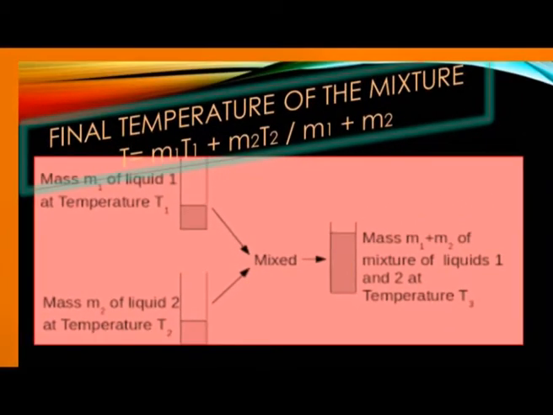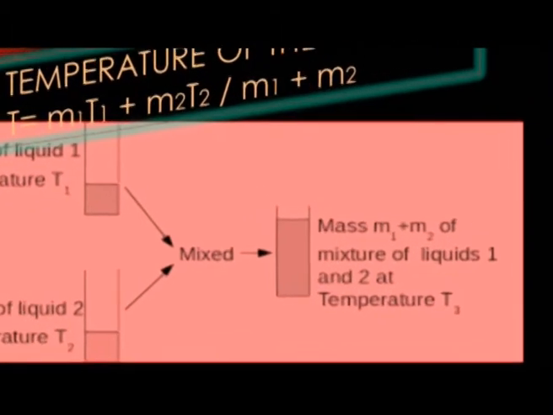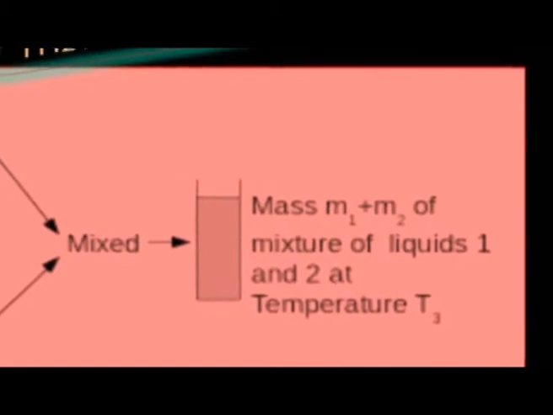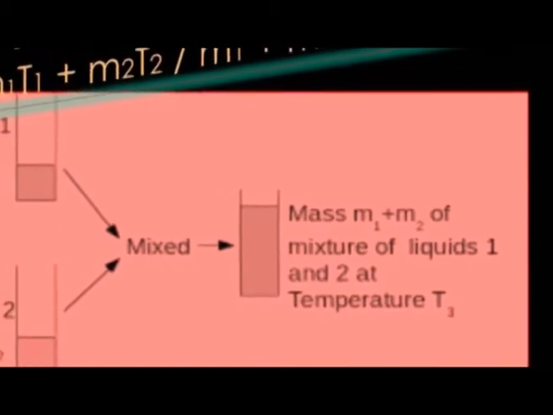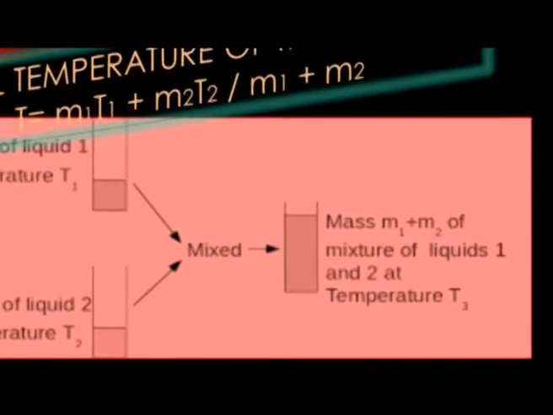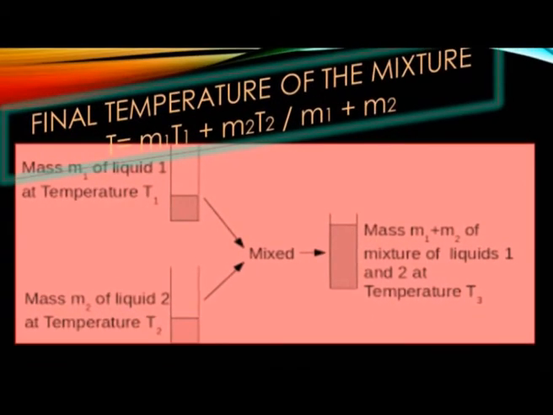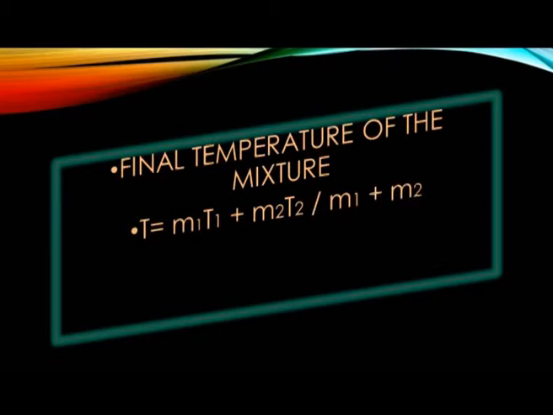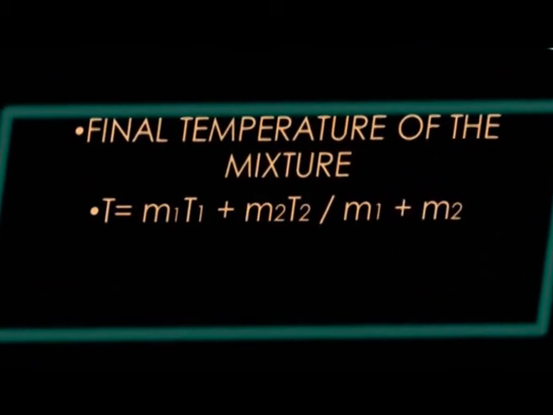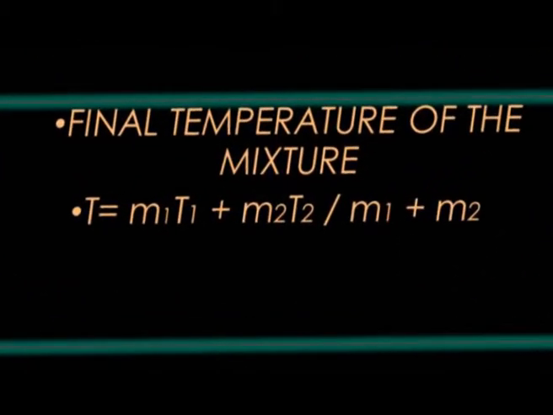Now we are mixing these two liquids. What is the total mass? m1 plus m2. What will be the common temperature attained on mixing these two liquids? We calculate the common temperature by using the formula T is equal to (m1 T1 plus m2 T2) by (m1 plus m2).